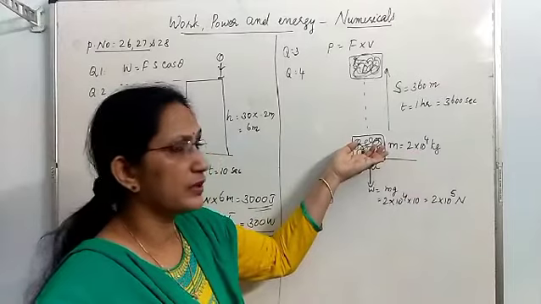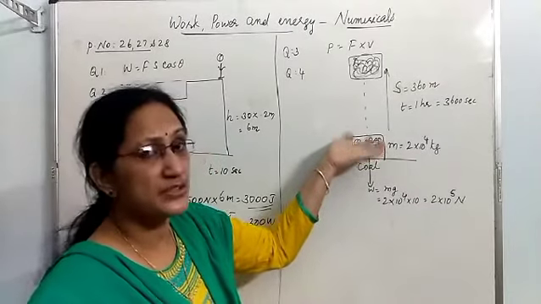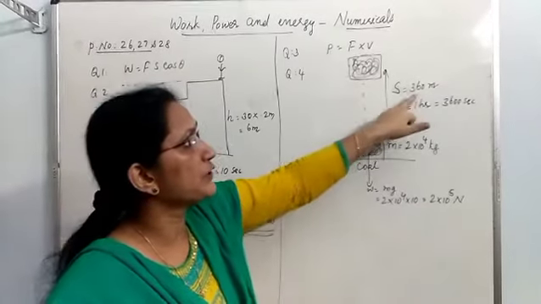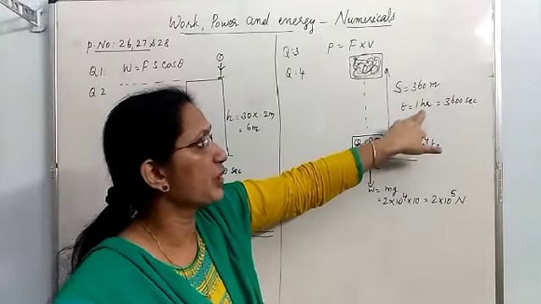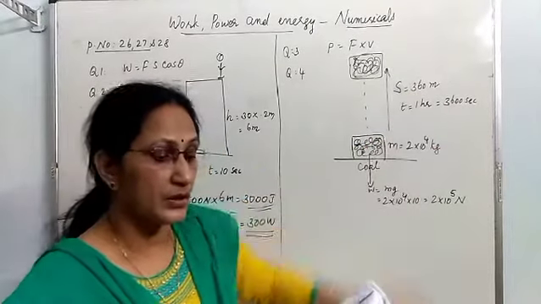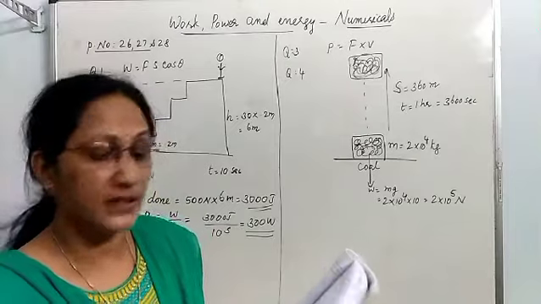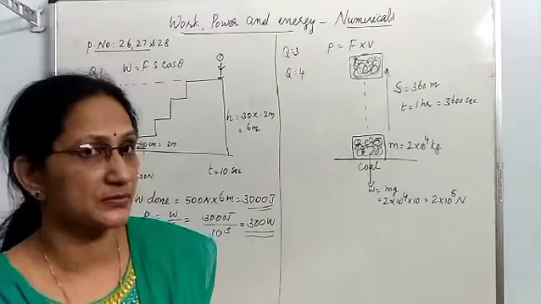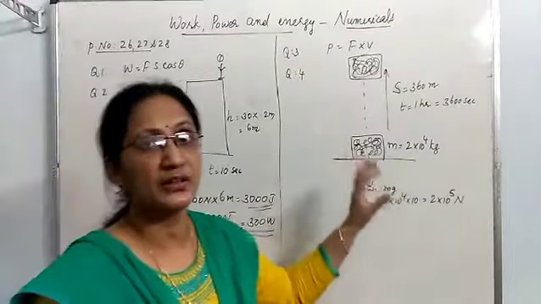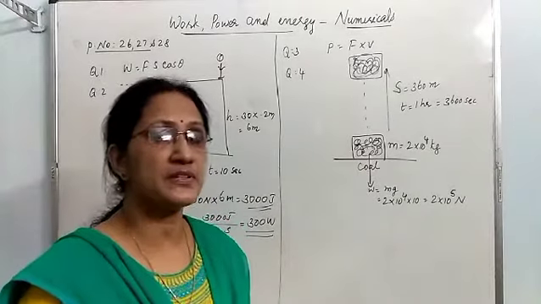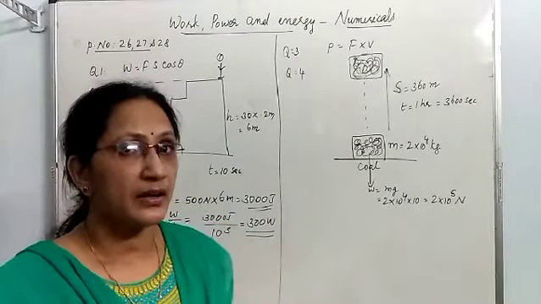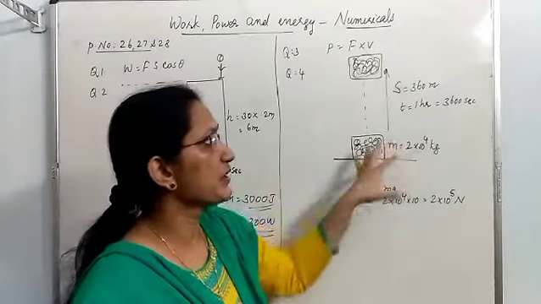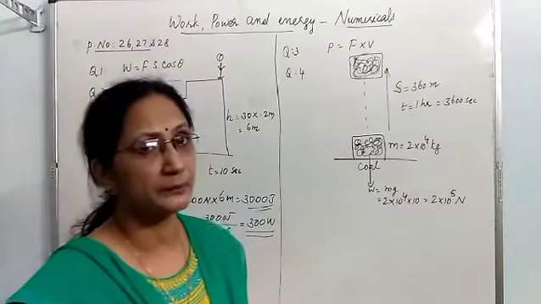This much coal is to be lifted to a height of 360 meter within 1 hour. Then what must be the power of the engine used? For this work you are using an engine. What must be the power of an engine if that engine can do this work within 1 hour?